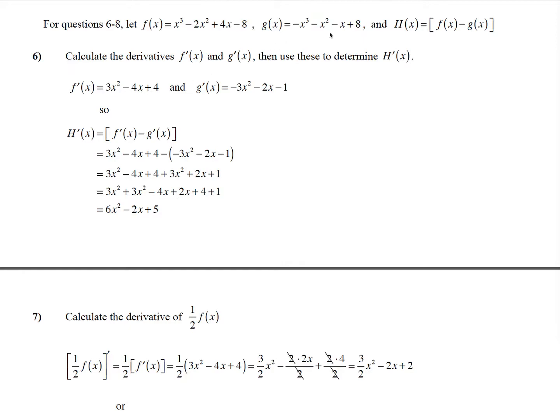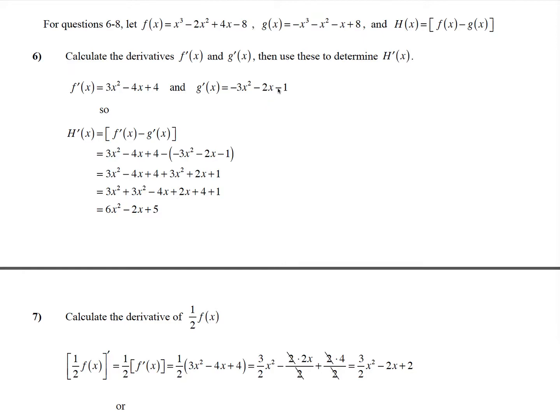Now we have a similar circumstance for g of x, but there is a negative in the leading term, so it's the same 3x squared except with a negative that we had when we differentiated x cubed. Then, using the power rule, the 2 comes around front, and this becomes negative 2x.